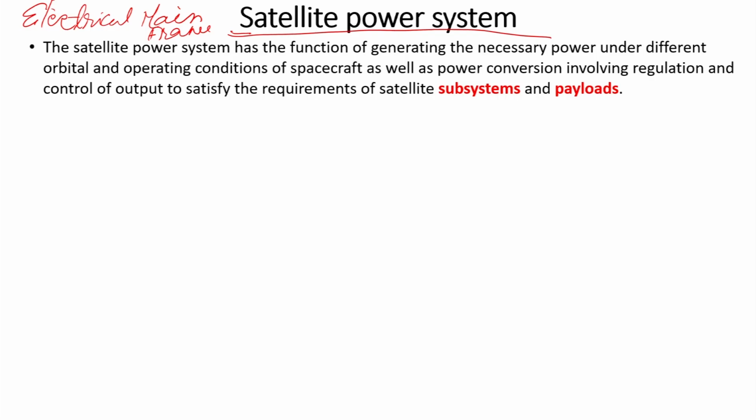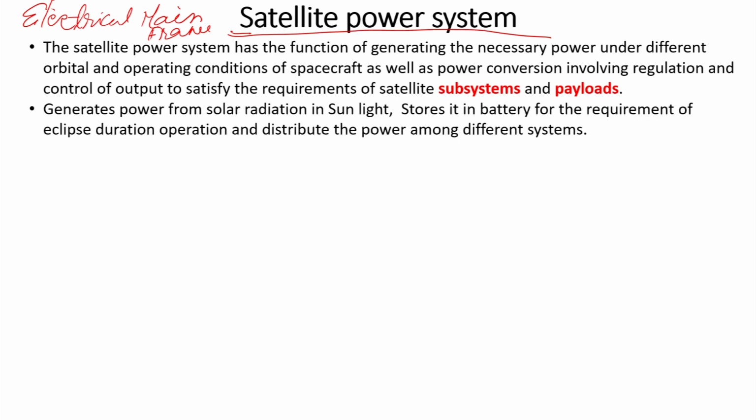We will come to what the power conversion is, like DC to AC or DC to DC, all those types of conversion it is capable of doing. So, generally the satellite power system generates power from the solar radiation in sunlight. Of course, other methods are also available, but mostly the satellite power system is based on sunlight, that is the solar radiation.